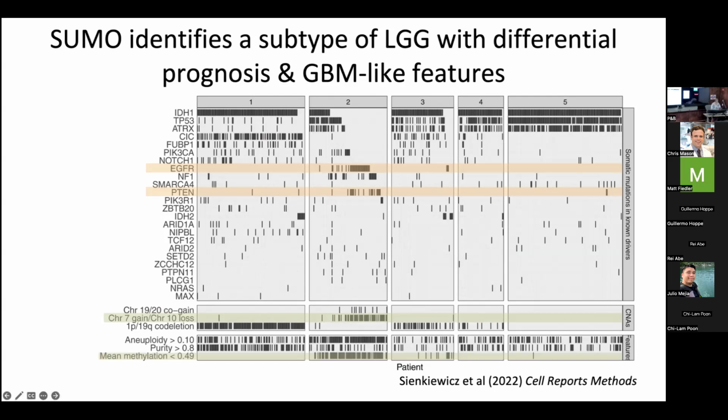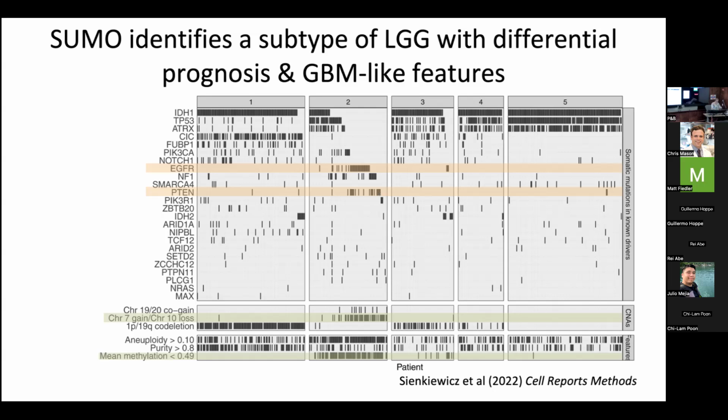These correlate with, particularly these two, but many point mutations in gliomas in general. In particular, EGFR, the epidermal growth factor receptor, is an oncogene on chromosome 7. So if you have a gain of chromosome 7, you have a gain of copies of this oncogene, which impacts amplification and division of the cells.